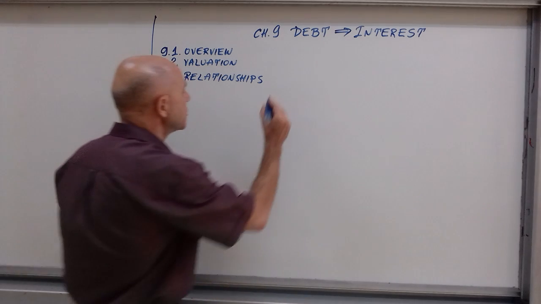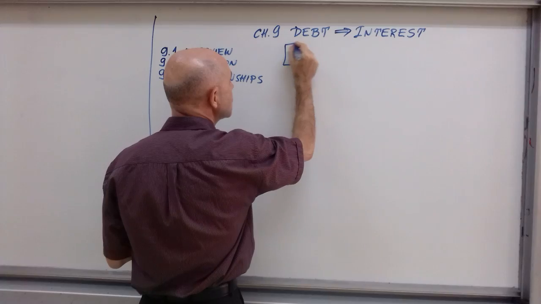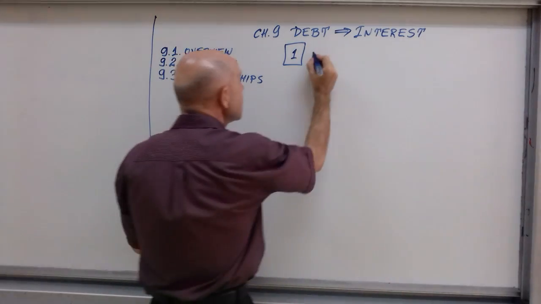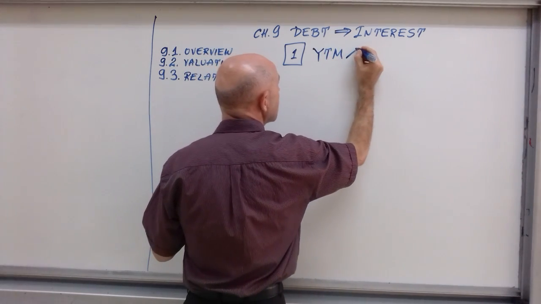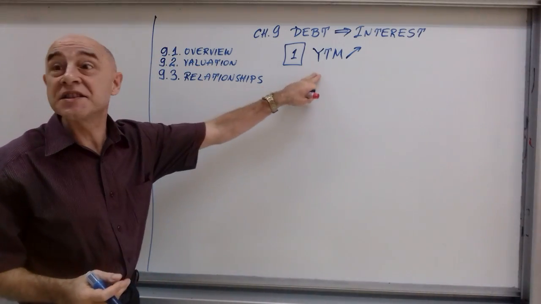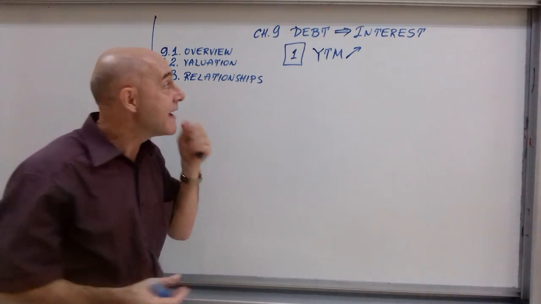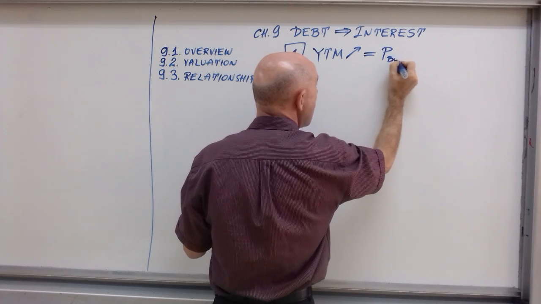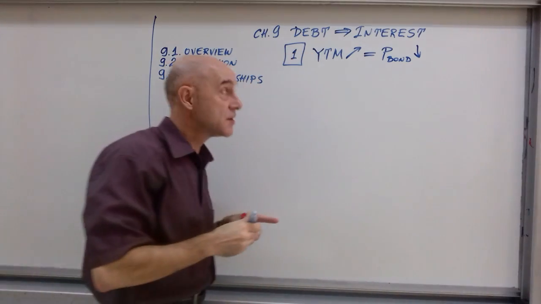Yield to maturity. Number 1 is actually very easy. When yield to maturity rises, this means that the discount rate is rising, and it means that the price of the bond falls.